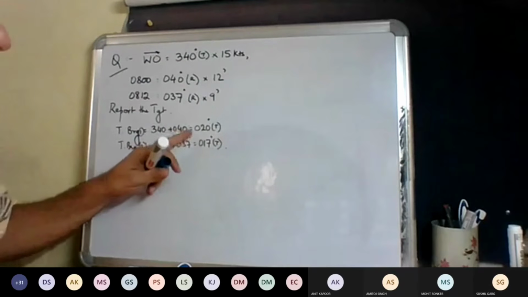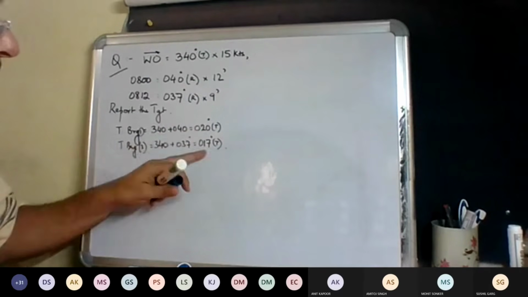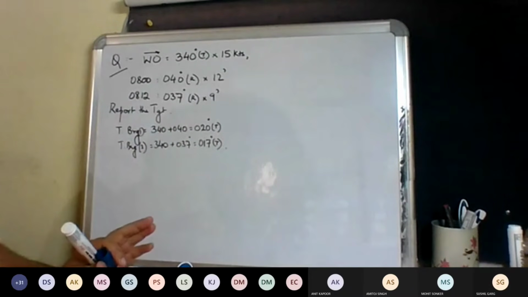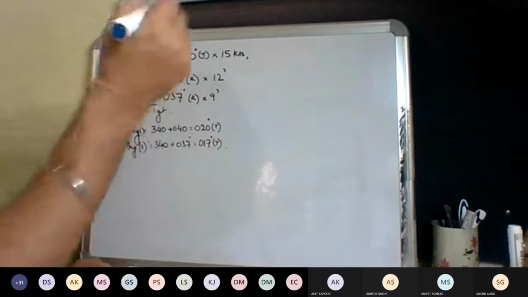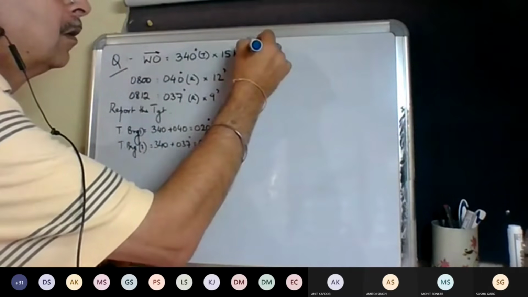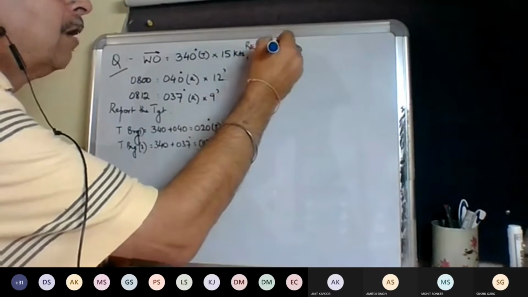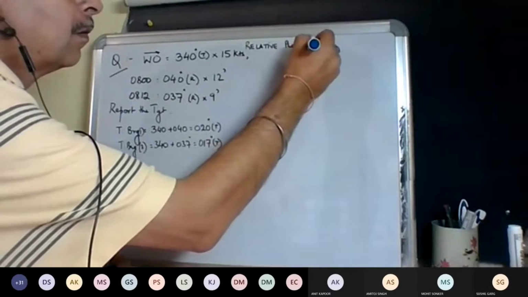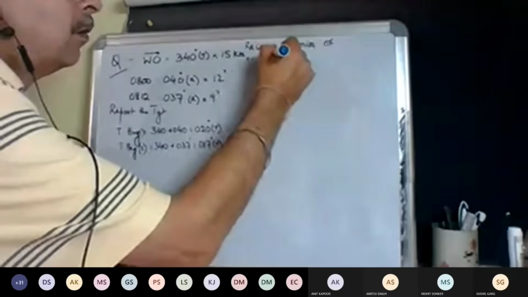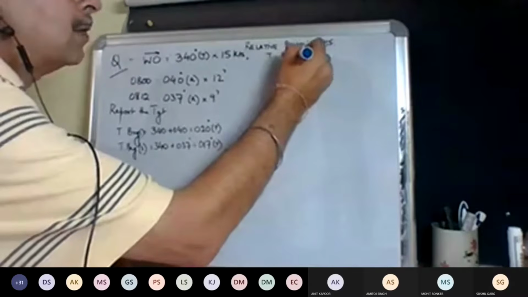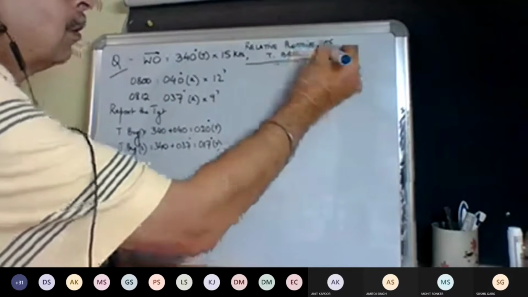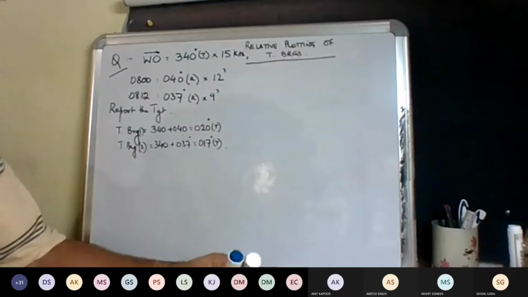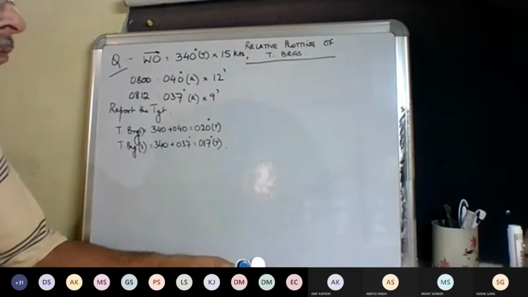So my two true bearings are 020 and 017, and this is what I will be plotting. So what we are doing basically is relative plotting of true bearings. We are doing relative plotting of true bearings. This is what we are doing.